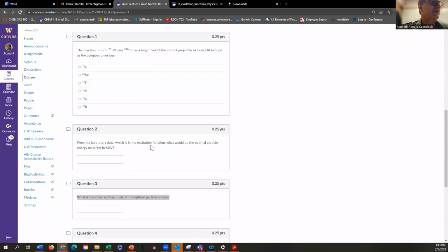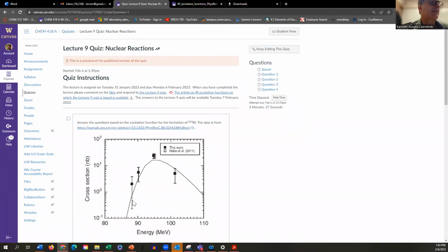Okay, if I look at this, as the energy increases, it goes up and reaches a maximum, and then the cross section starts going down. So why does this cross section decrease as the energy reaches this maximum?